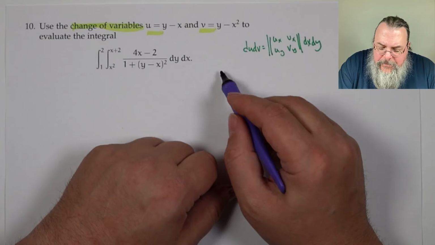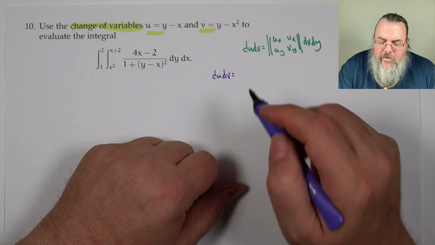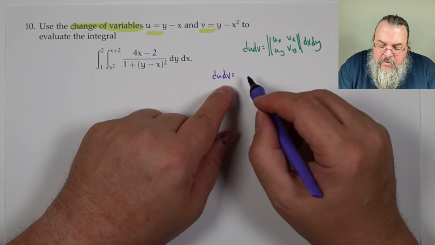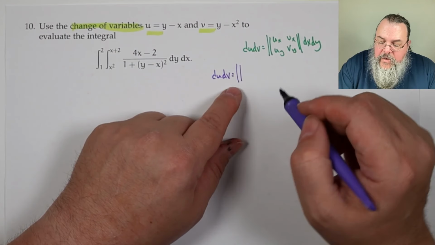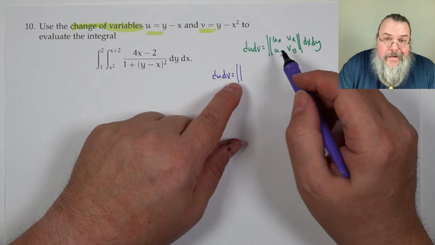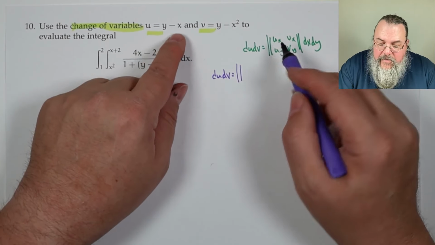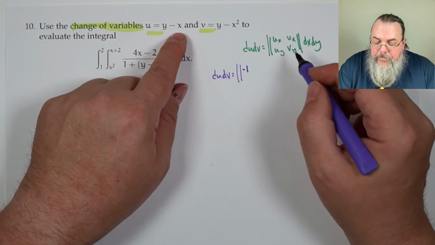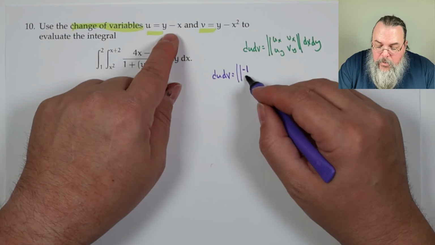So we'll start here. We'll go straight from the formula sheet. We say, all right, formula sheet, you know a lot. So what do you tell us? Well, we say, look, du dv is, and we're going to take the absolute value. That's important. It's not just anything, it's absolute value. And we start taking our derivatives. U sub x minus 1. And u sub y, 1.